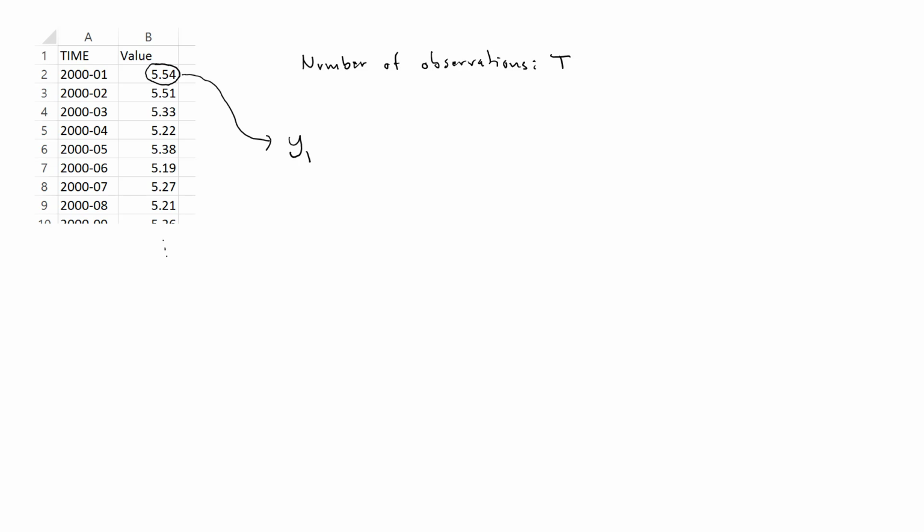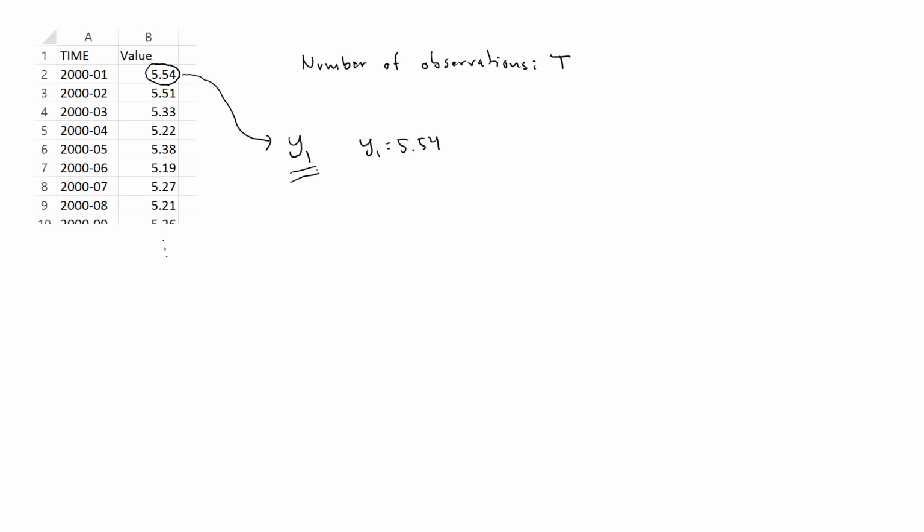This random variable has a particular distribution, it has an expected value, a variance, and so on. And at January 2000, we actually observe a specific outcome. So at January 2000, y1 is 5.54. But before January 2000, y1 is a random variable.